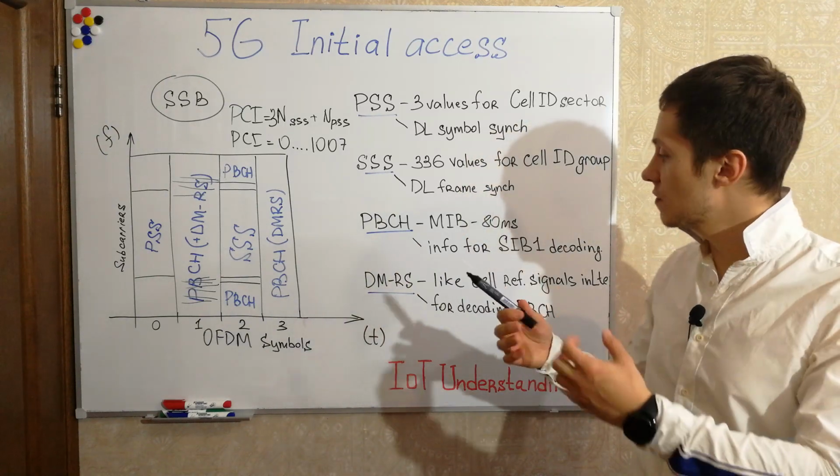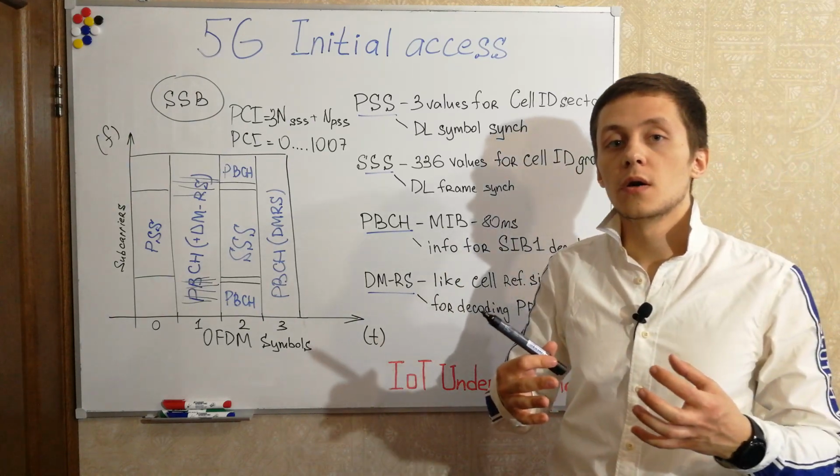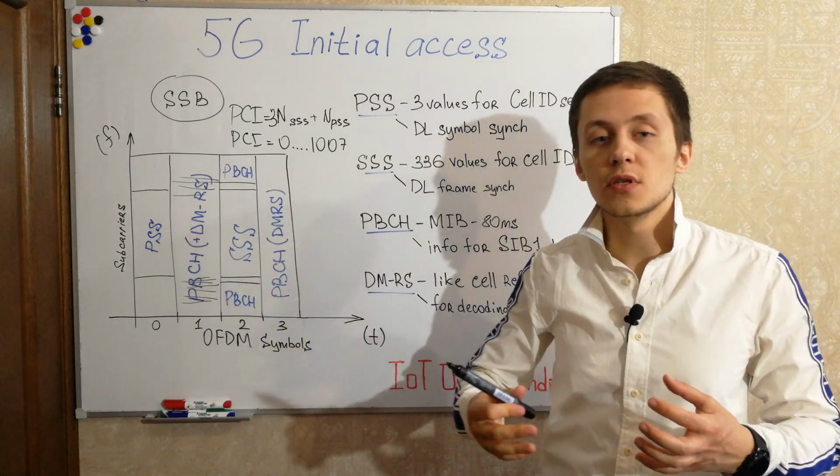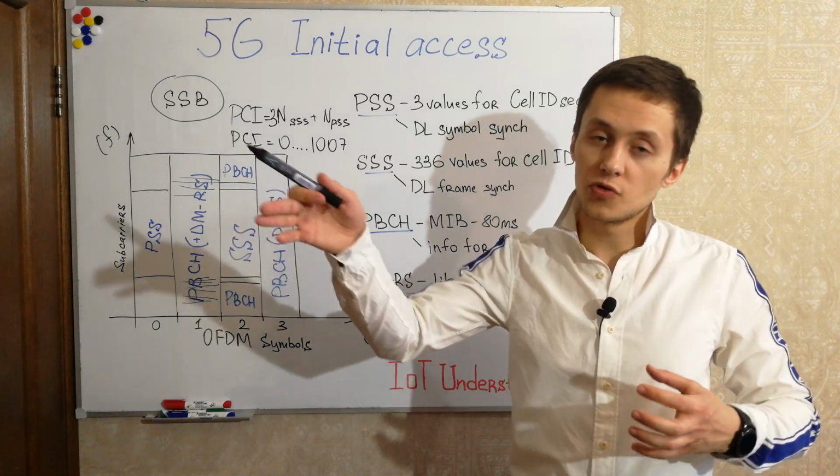So all of this information inside MIB is used for the next step. It is used for random access preamble transmitting.